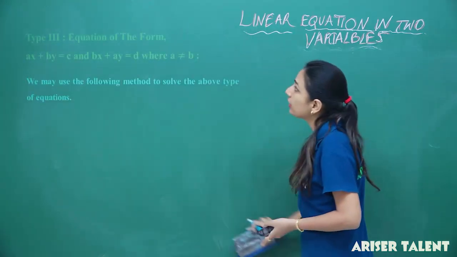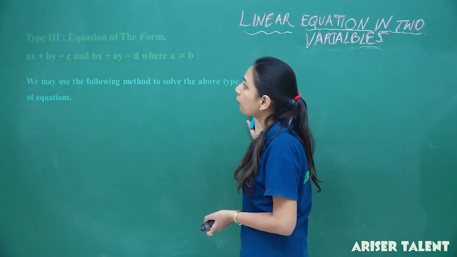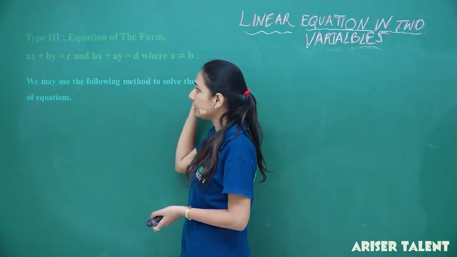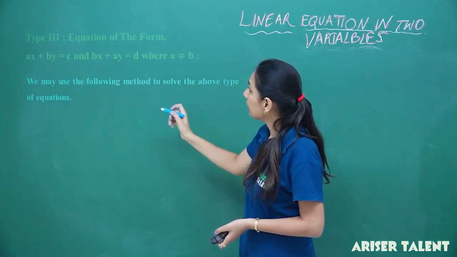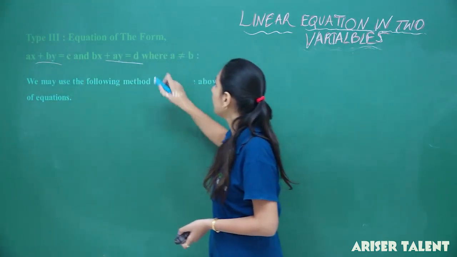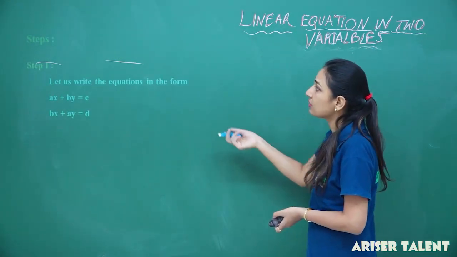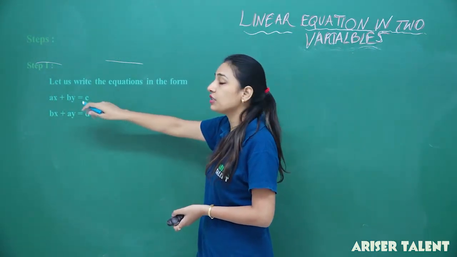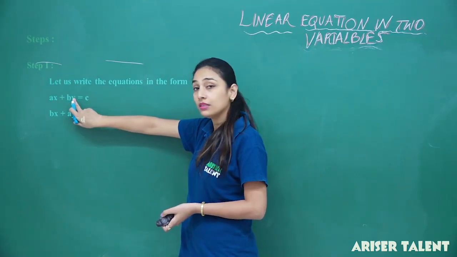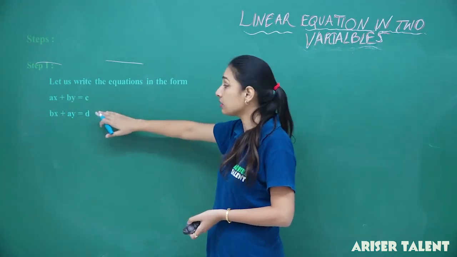Again, type 3, equations of this form. Here, what we did, we have this and we have this. So, we write the equation in this format, where plus c is here.